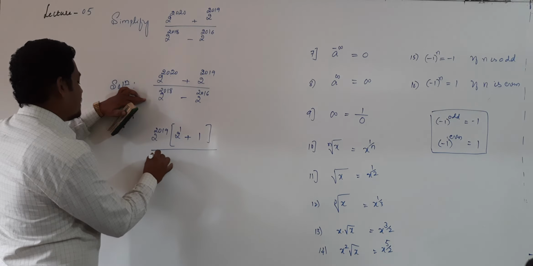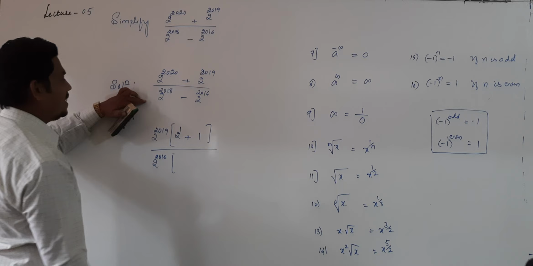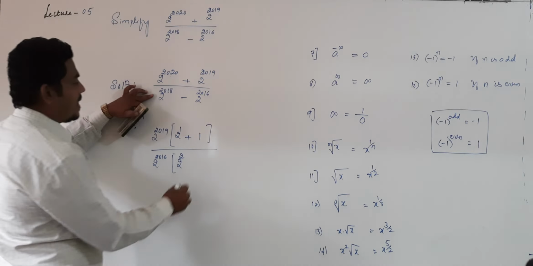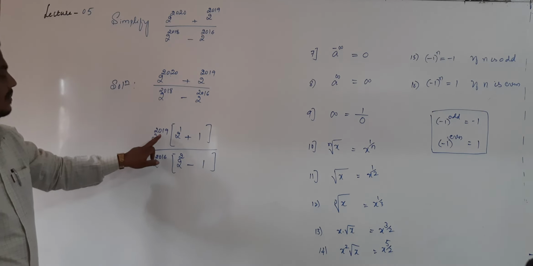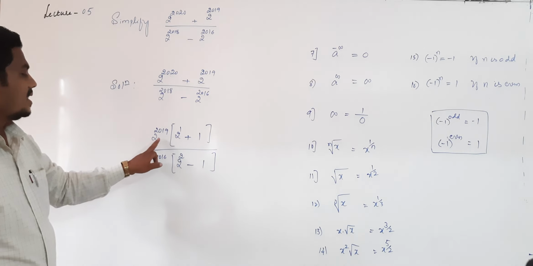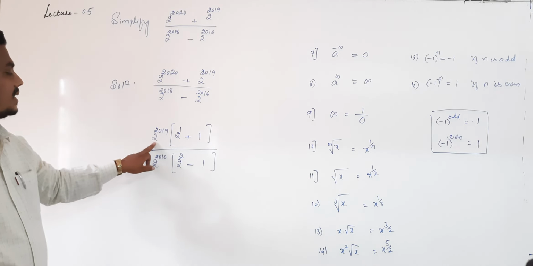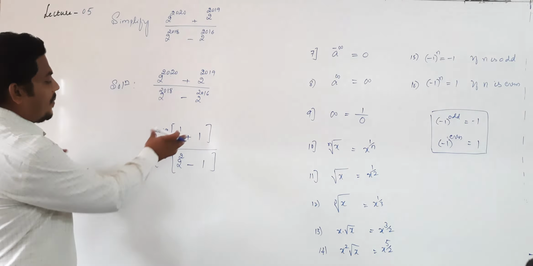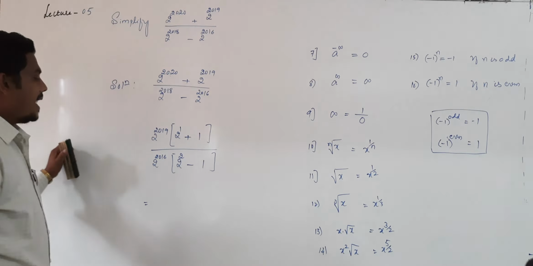Taking 2 power 2016 common, what is remaining? 2 square minus 1, or 2 power 2 minus 1. If you multiply 2 power 2019 with 2 power 1, then it will be 2 power 2020. After multiplication, you get this expression. It is just rearranged.